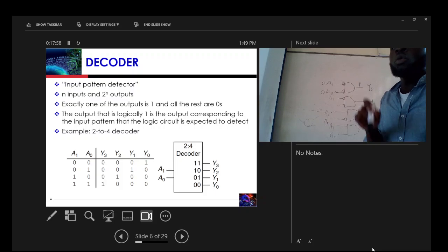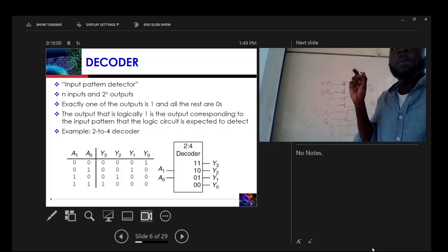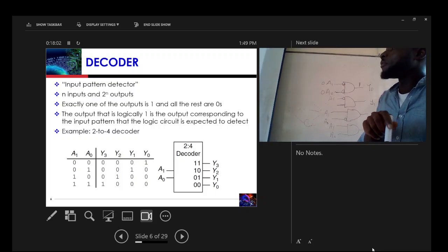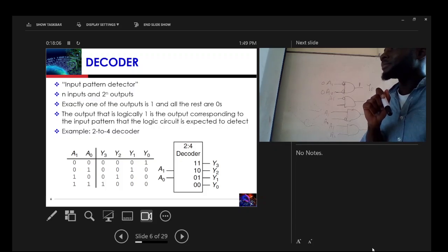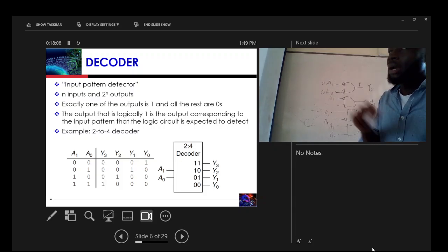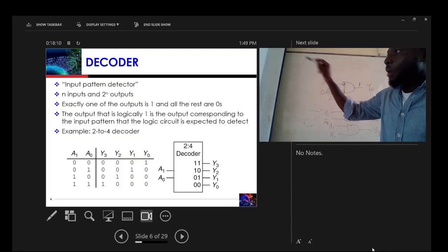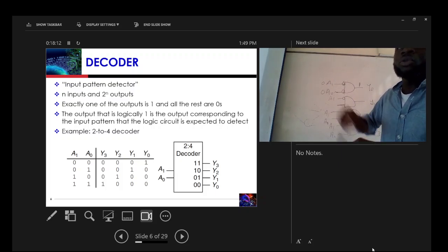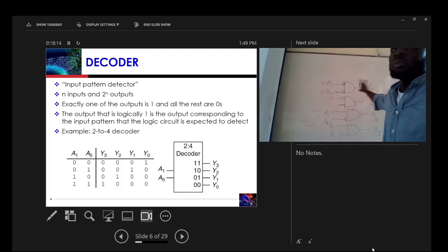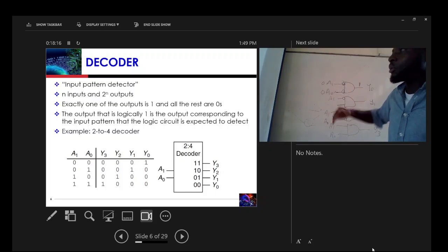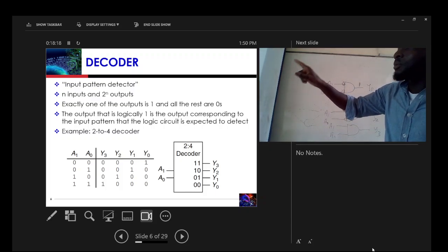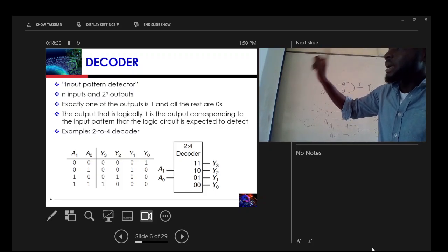So we care about where we have a 1. For A1 is 0 and A0 is 0, where Y is 1 is Y0. So we take Y0 and draw the AND gate. Then we go to the next line: A1 is 0, A0 is 1.